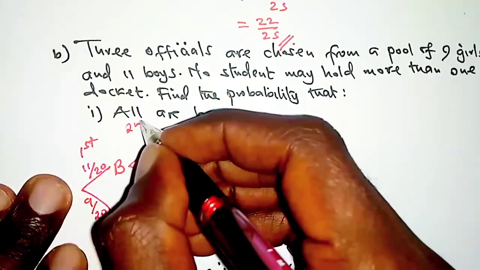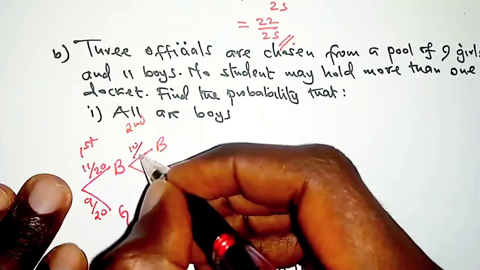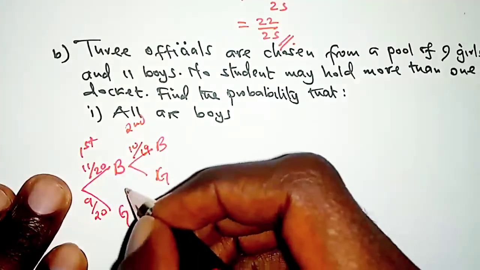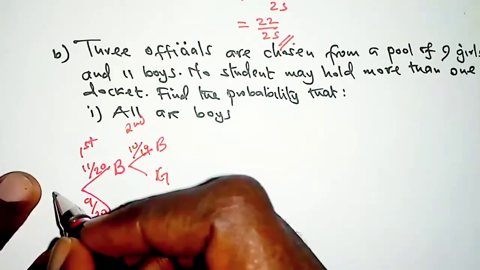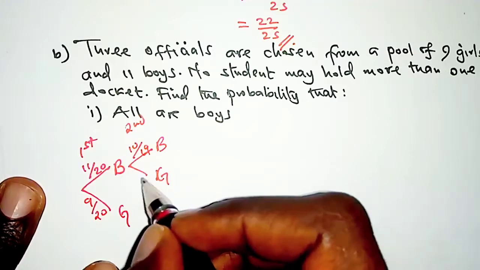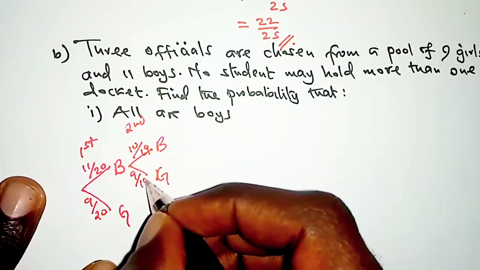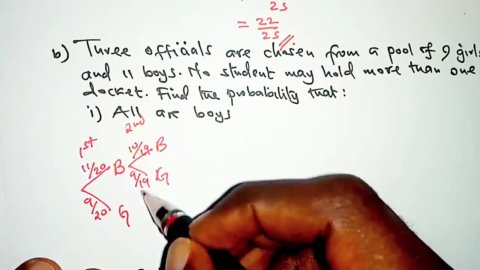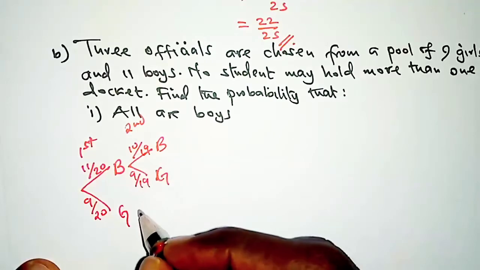So for the second selection, the number of boys should be 10 out of 19 students. Remember, the official who had been chosen is set aside and not replaced. And then the number of girls here still remains the same, that is 9 out of 19. Remember, the sum here should be 1 or 19/19.